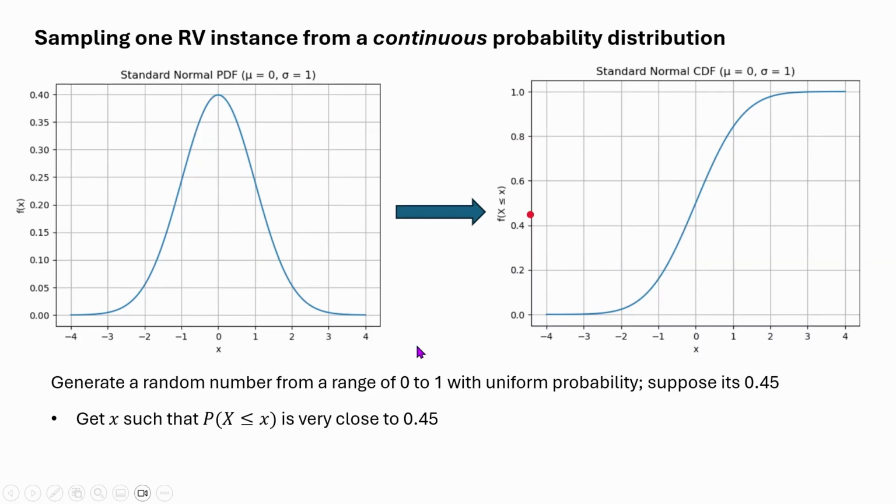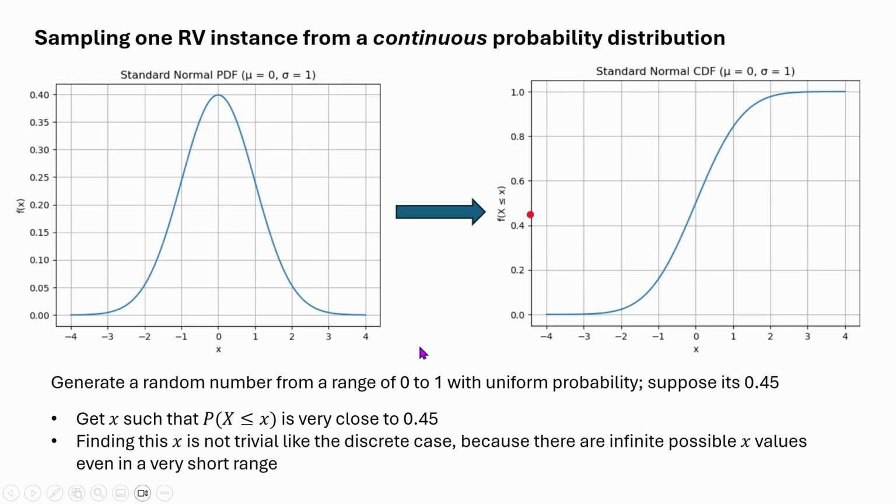But it is not so straightforward, because just between -1 and 0, there can be infinite possible x values. There can be -0.99, -0.995, -0.001, and so on and so forth. So we cannot just say, let's get the smallest possible x where the probability of X less than or equal to x is bigger than 0.45. We cannot say that.